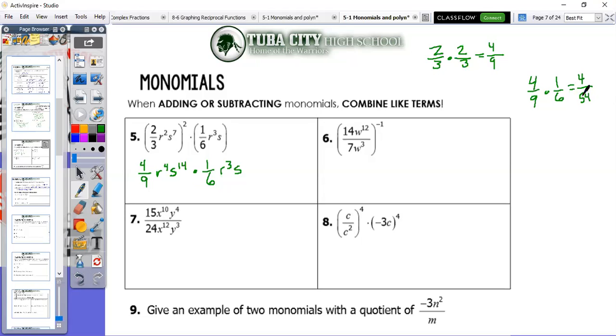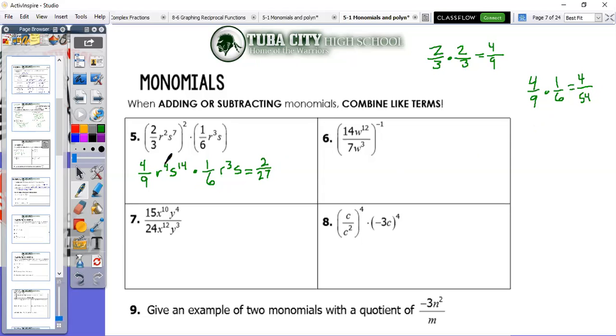So we should be able to divide both numbers by 2. 4 divided by 2, we get 2. And 54 divided by 2 is 27. And from here, we are unable to reduce it anymore because 2 and 27 do not have any numbers that will divide both of them.